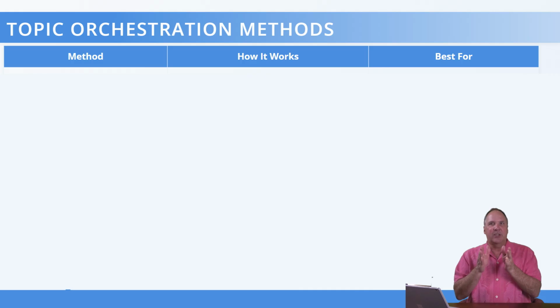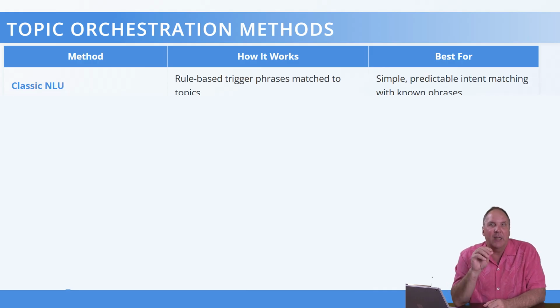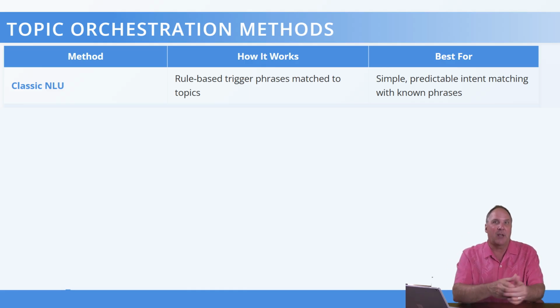This is content the exam specifically tests by name, so pay attention. Copilot Studio offers 3 methods for deciding which topic or action to invoke when a user sends a message. Classic NLU, or natural language understanding. This is rule-based. You define trigger phrases for each topic, like what's my balance? That matches the account balance topic.